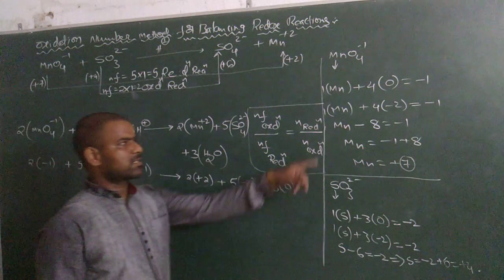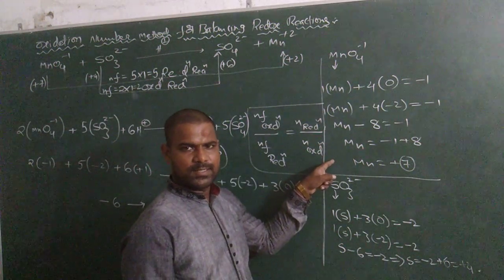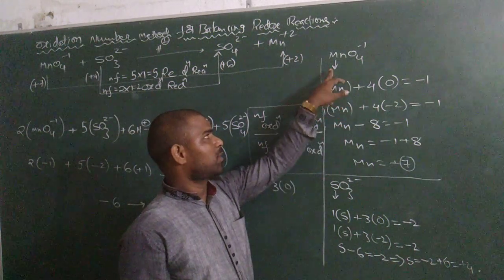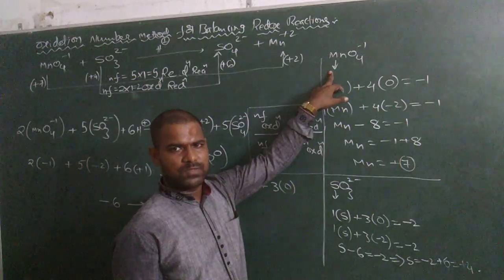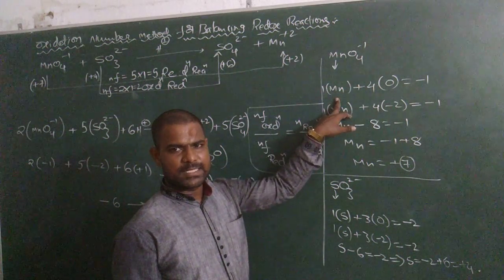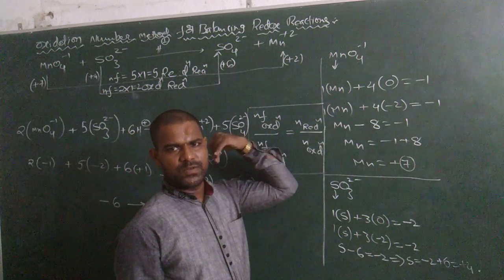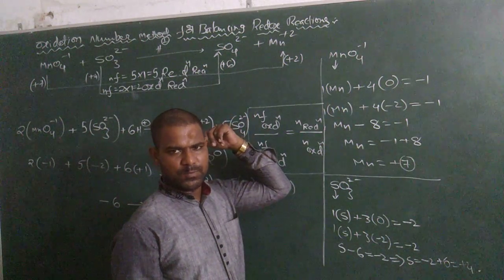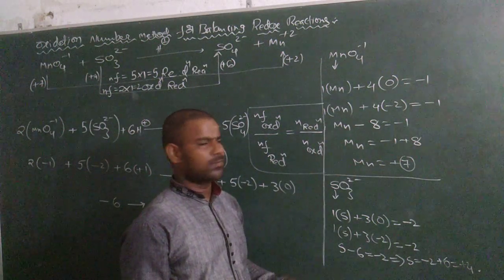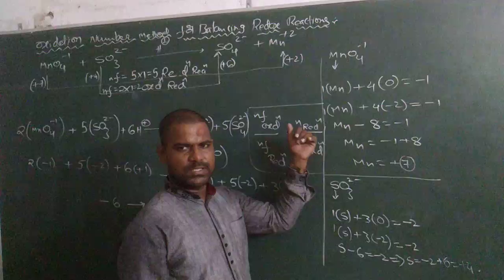When we calculate oxidation states, we convert the molecular formula into equation form. For MnO4 minus 1, whether given a molecule or an ion, we can convert it into a mathematical, algebraic equation form.